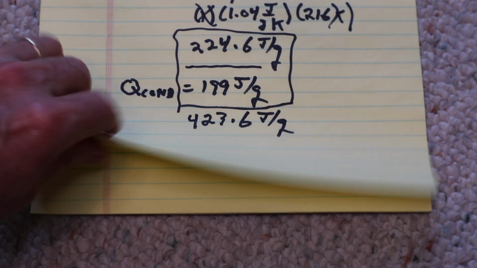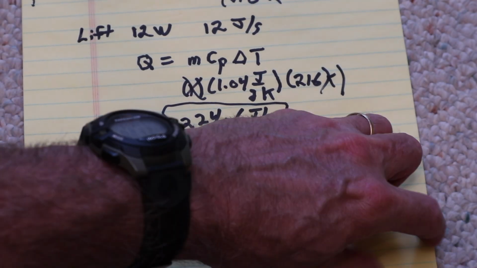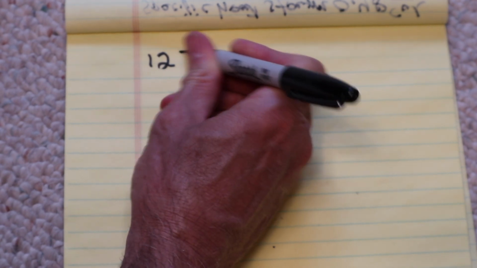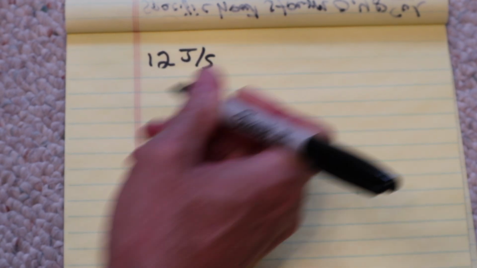Now, we said that our cryocooler can remove 12 joules per second.